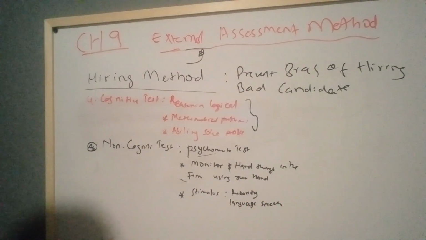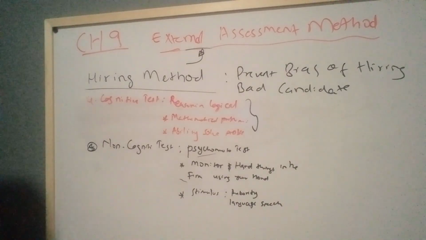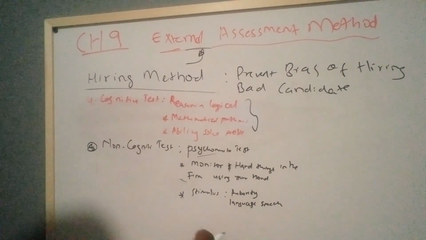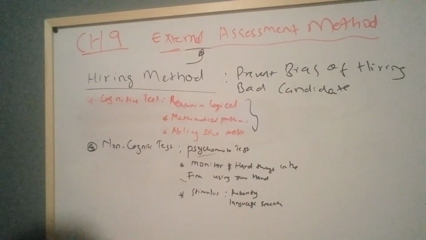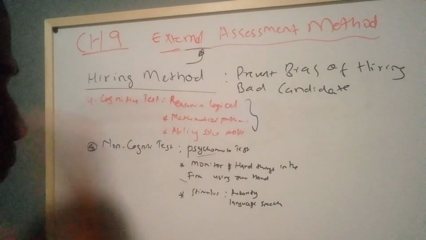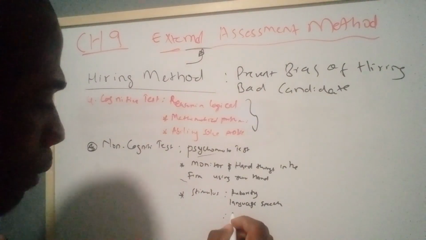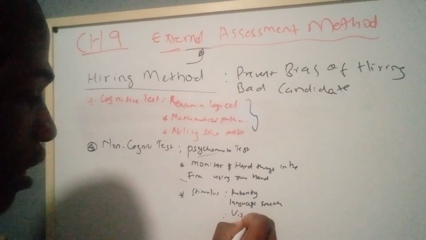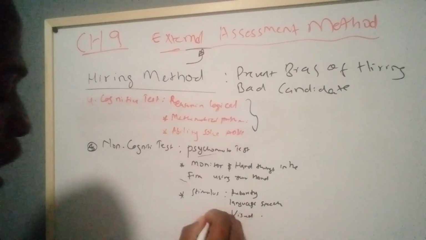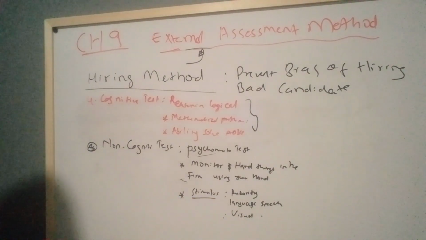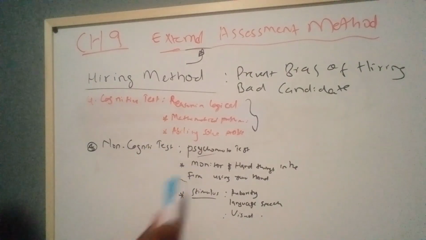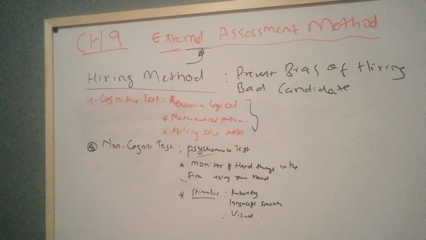How much can you deliver a powerful speech? And then, after auditory and language, the visual capability, the visual stimulus. So this is what they are trying to check in the non-cognitive test. Right, this is our test number 5.